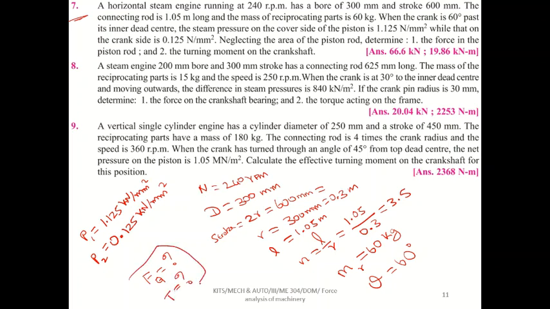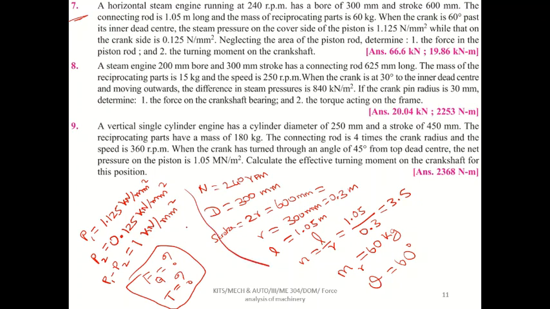Two values you have to find out. Now here P1 minus P2 will be equal to 1 kilonewton per mm square. So these are the given data, and with this you have to solve the problem.